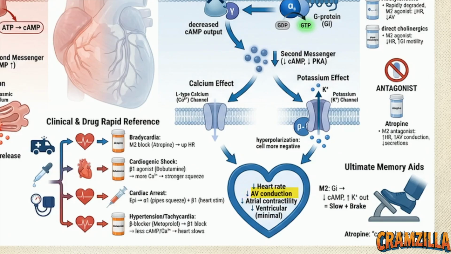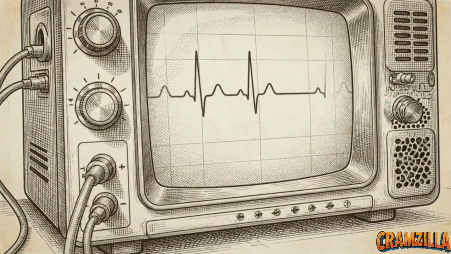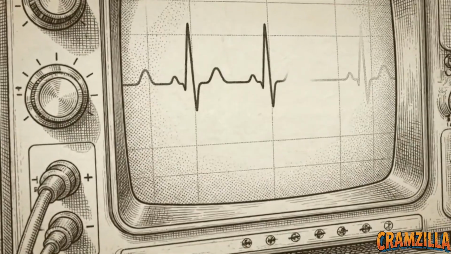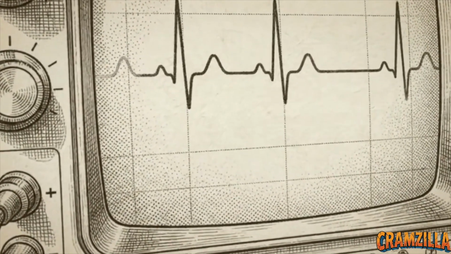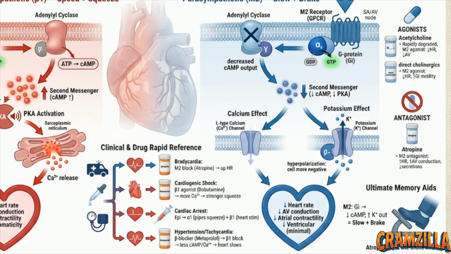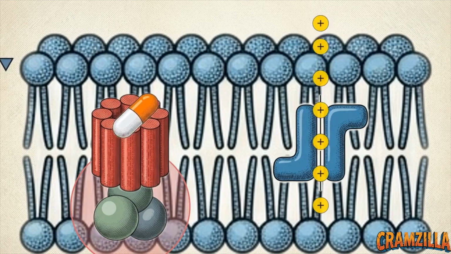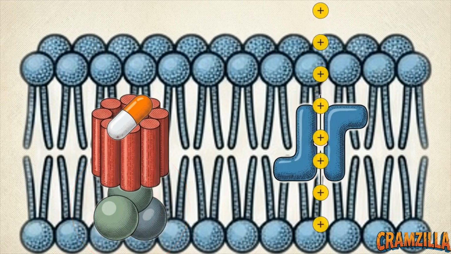A patient experiencing excessive vagal tone faces a dangerous surplus of this parasympathetic influence, resulting in symptomatic, life-threatening bradycardia, a dangerously slow heart rhythm. The primary pharmacological fix for this is atropine, a powerful muscarinic antagonist. Atropine competitively binds to the M2 receptor, physically locking incoming acetylcholine molecules out. By blocking M2, atropine completely prevents GI activation.